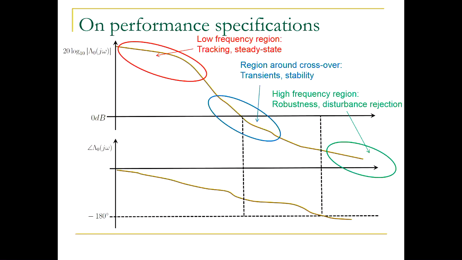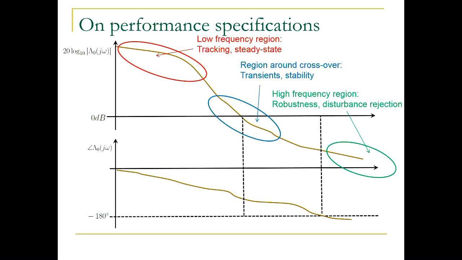Does anyone remember? The circle of radius 1 centered at the origin, right? Because at that frequency the gain is 1, so when I take the logarithm of 1, I get 0. That's what this frequency corresponds to.